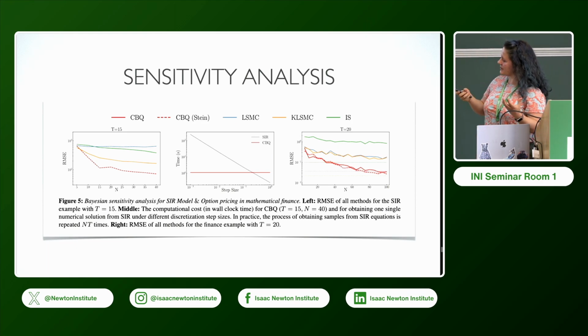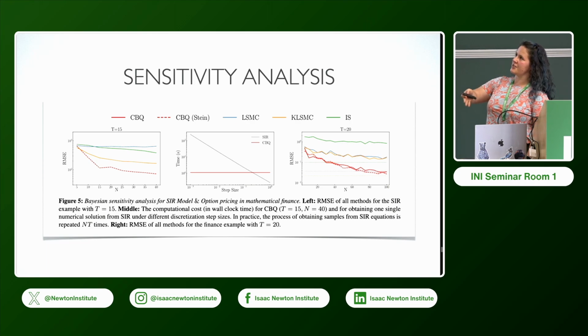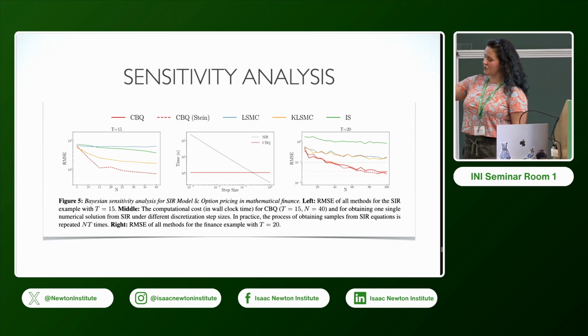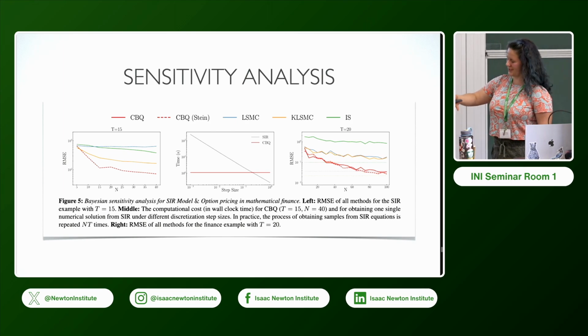While it is expensive, it pales in comparison to the cost of obtaining one evaluation, and the faster convergence justifies the need for it. And the second problem here is a mathematical finance one, where we look at how the expected loss of a portfolio changes based on the price of a stock at the time a shock occurred.